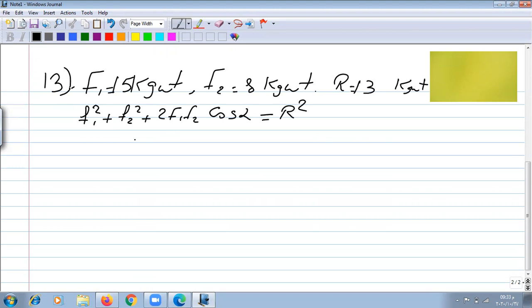Let's substitute in this rule: 15 squared plus 8 squared plus 2 times 15 times 8 cosine alpha. We don't know alpha, we need to find it. R equals 13 squared.